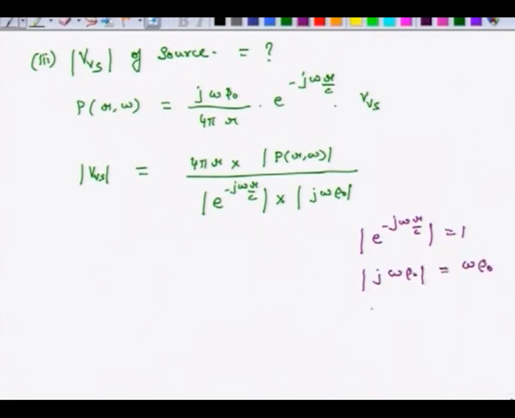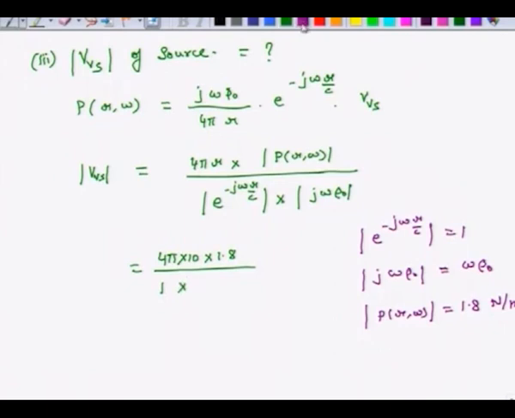And we have already calculated that magnitude of pressure is 1.8 newtons per square meter. So, magnitude of volume velocity is 4 pi times r, which is 10, times 1.8, divided by 1, which is the magnitude of e to the power of minus j omega r over C, times omega.